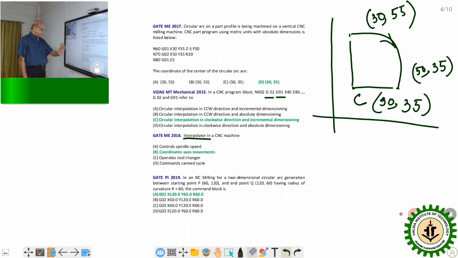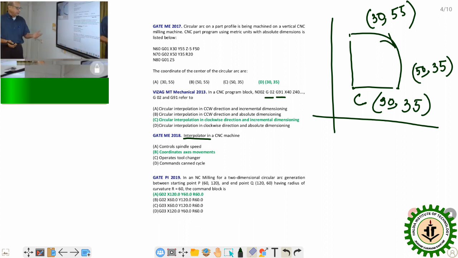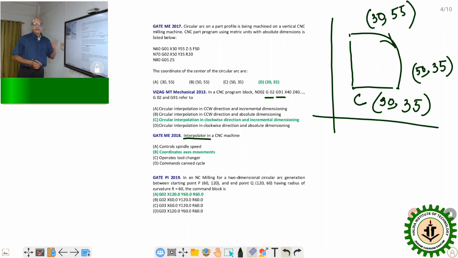Operator tool changer, it is also not valid. Commands CAD circuit, that is a completely different thing. So as far as the interpolation function is concerned, it is regarding the axis movement, which we had discussed a few minutes back in relation to the previous question. So the axis movement, that is the path along the velocity, that is the feed rates. So correct option will be B.